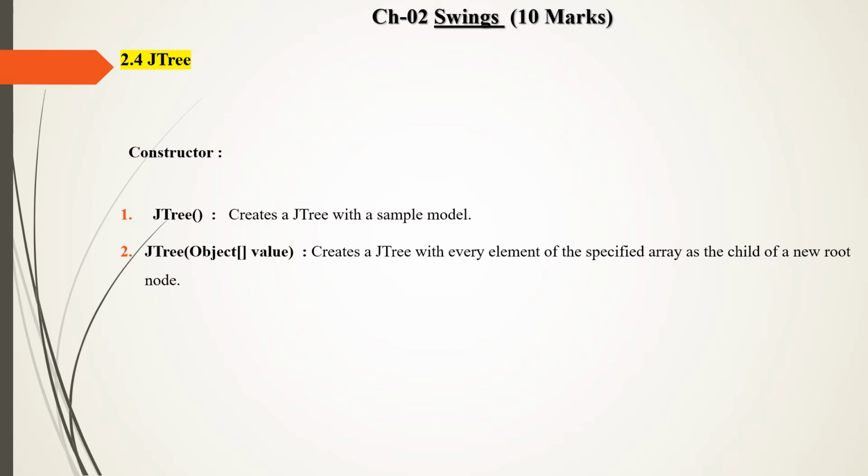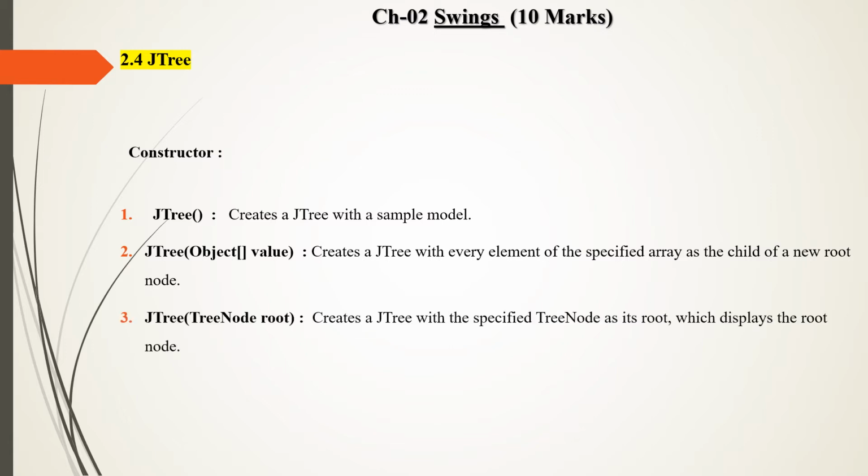Simply, this means we pass an array in the parameter, which creates a JTree with every element of the specified array as a child of a new root node. The third constructor of JTree has one parameter, TreeNode root. It creates the JTree with the specified tree node as its root, which displays the root node.